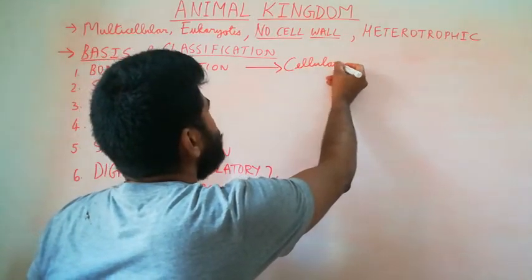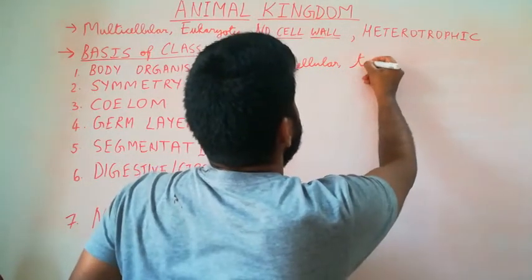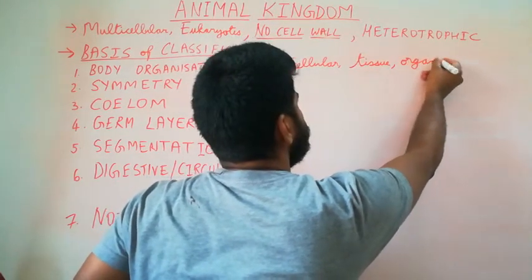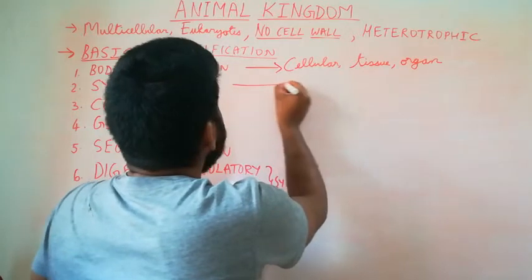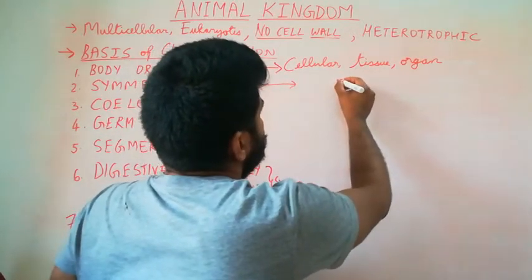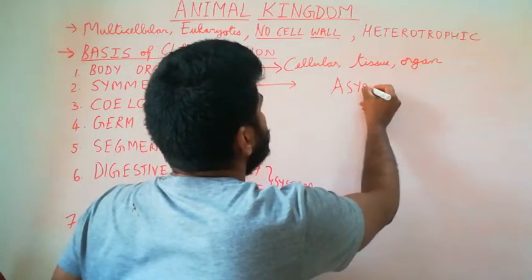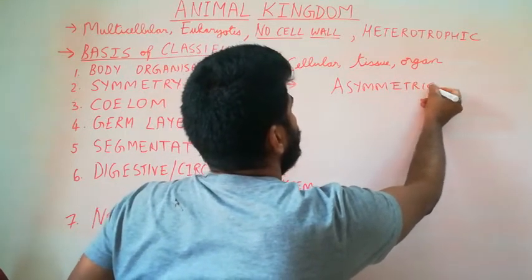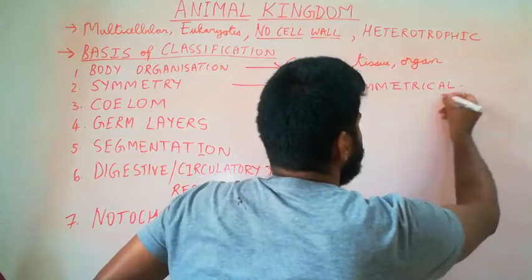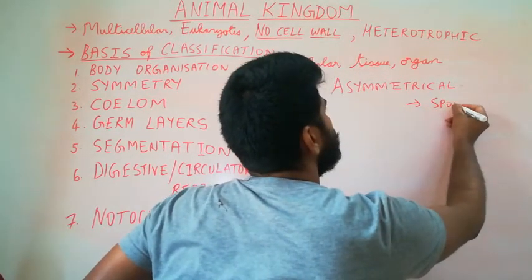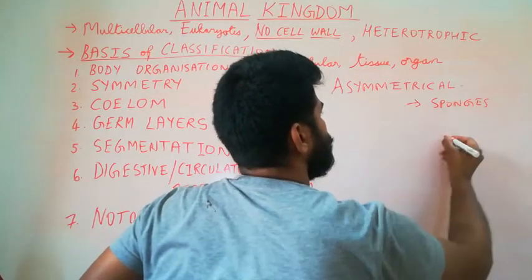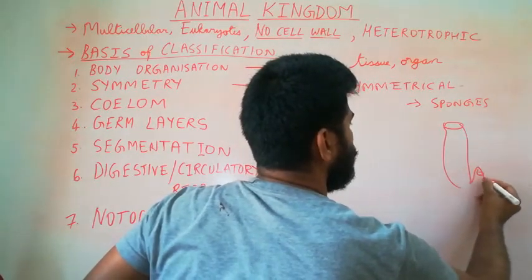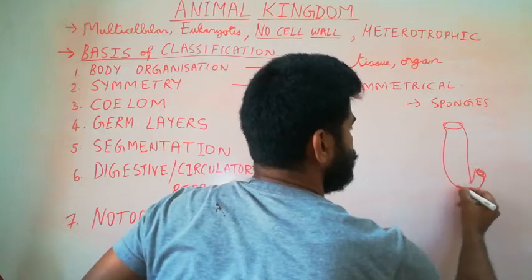If you look at the animals in general, they exhibit three levels of symmetry. That is, some animals are asymmetrical. For example, once again, sponges. So let us say you have a sponge body, something like this.